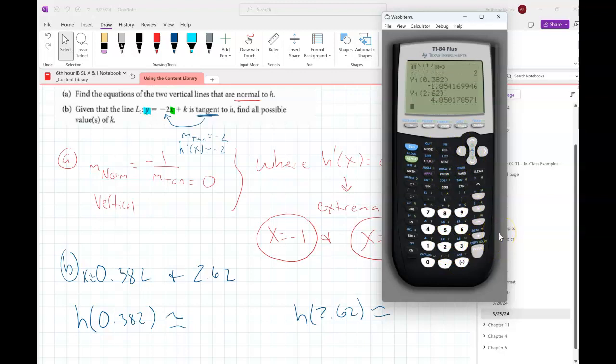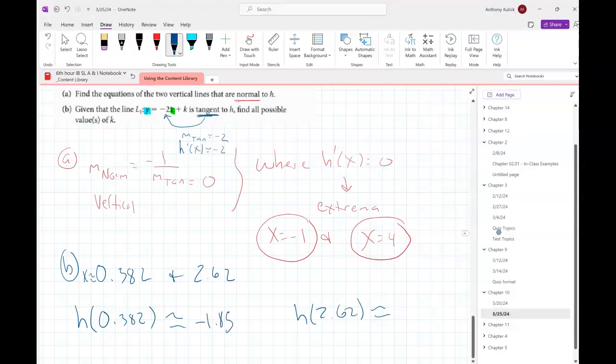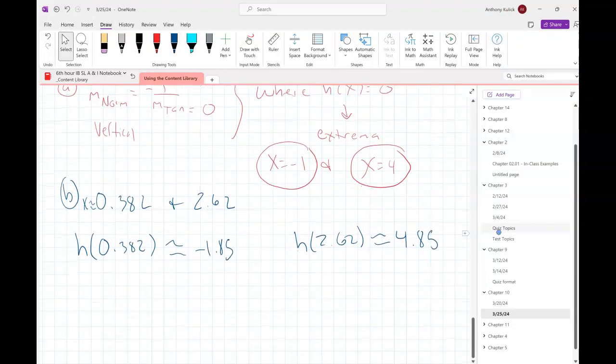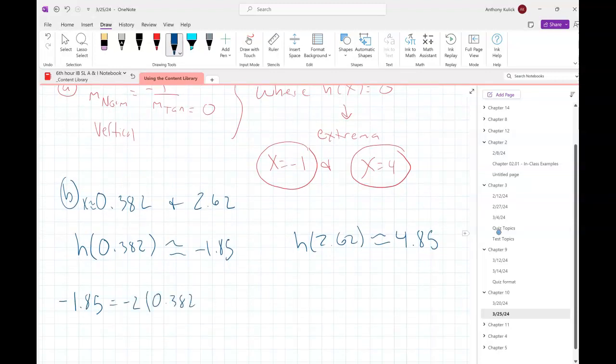So I have negative 0.85 and then 4.85. So I have negative 0.85 equals negative 2 times 0.382 plus k. And then 4.85 equals negative 2 times 2.62 plus k. And now I'm just solving for k.